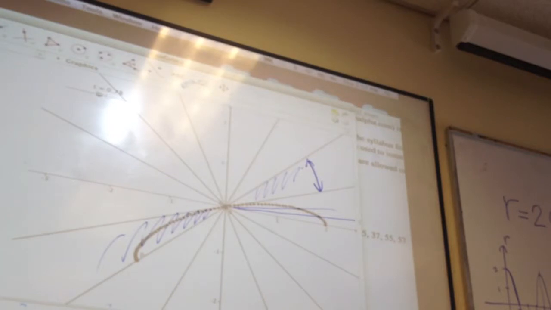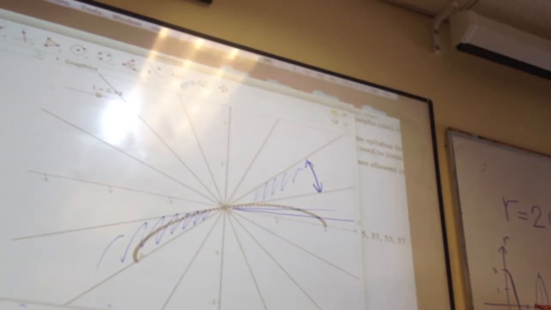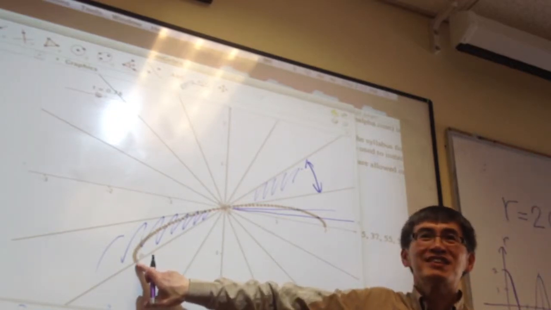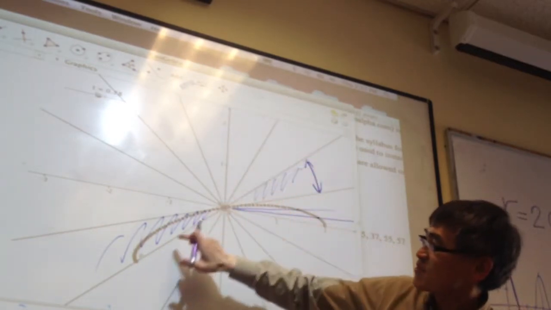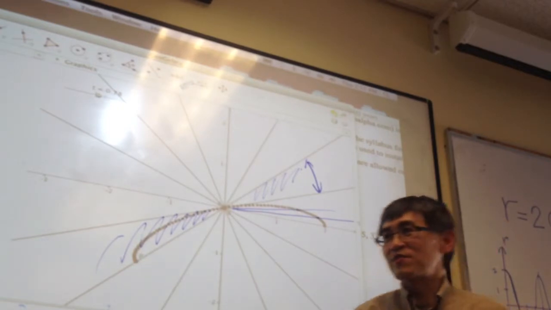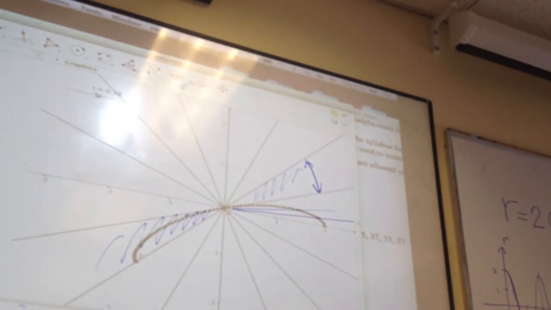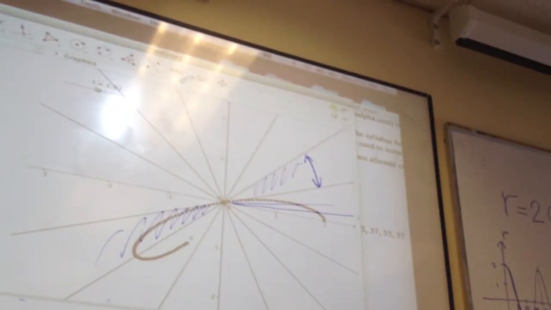Now over here, this has to do with this part. Now r becomes the most negative possible, and that's this point. The direction is actually this direction, but r is negative, so the opposite direction. Then you keep going. At this moment r is the most negative, and then r becomes less negative, and therefore it gets closer to the origin.